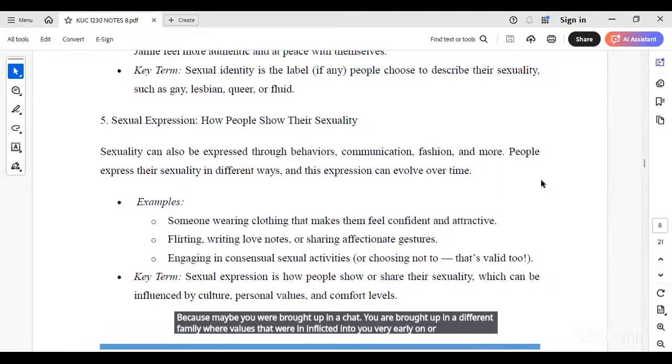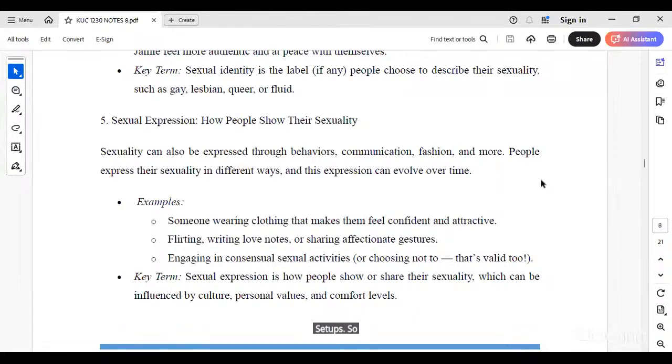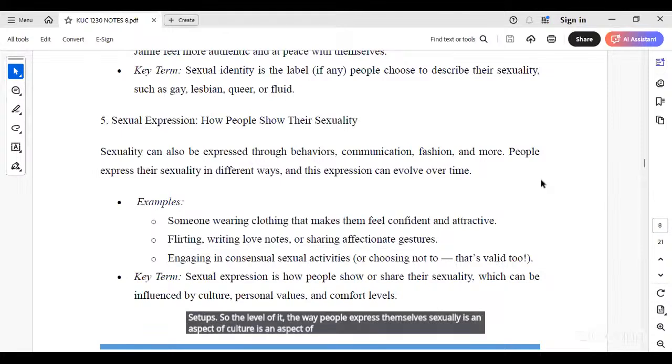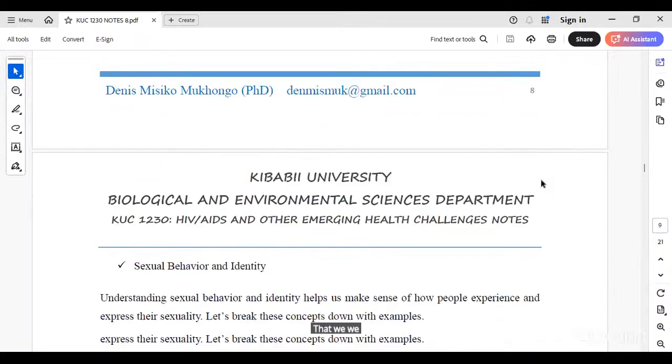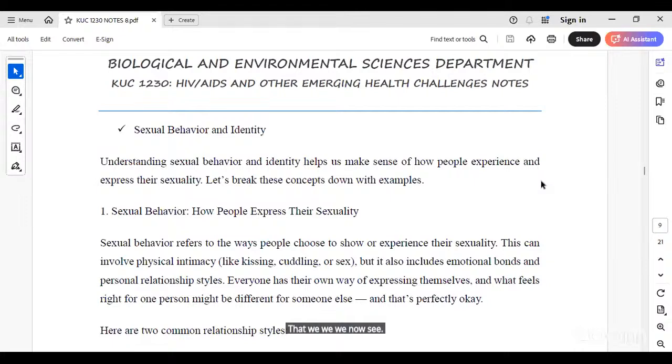So you end up having values that are very personal and different from other people, as is expected, because we were brought up in different setups. So the way people express themselves sexually is an aspect of culture, an aspect of the personal values that they were given as they were being brought up. And that is now what brings the differences that we now see. Okay.